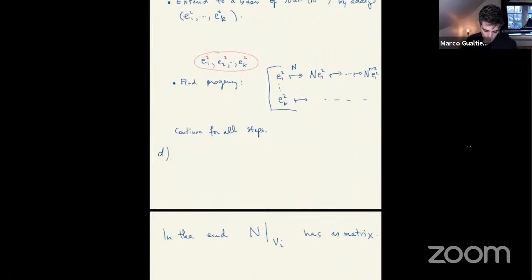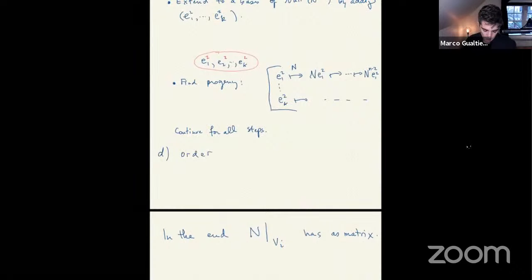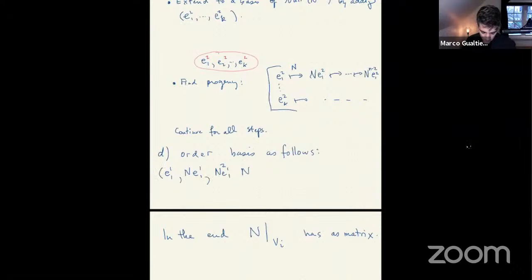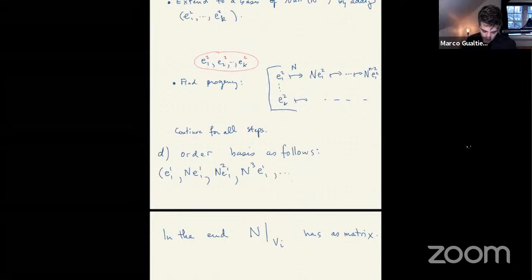So for D, we order the basis as follows. We take E11, we take its progeny. Okay, then after you're done, you put E12 and you put its progeny.